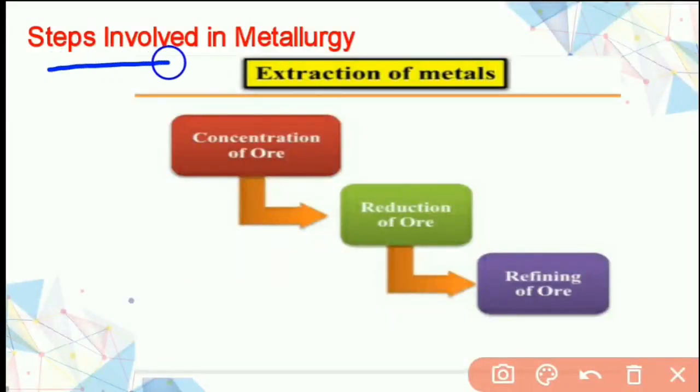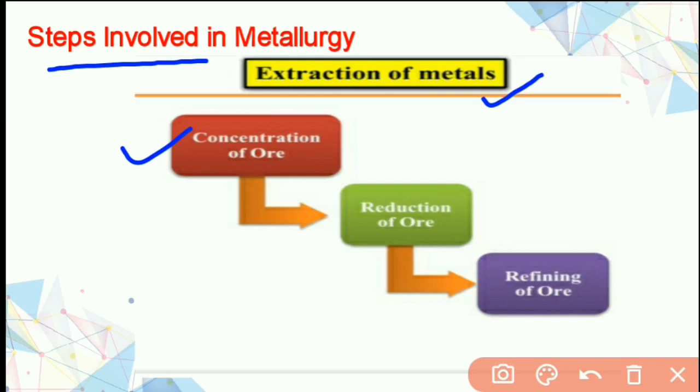Steps involved in metallurgy. Extraction of metals involves many processes, but basically three major steps are followed. Concentration of ore: in this step, impurities of the ore are removed by different methods, based on the physical properties of ore and gangue.